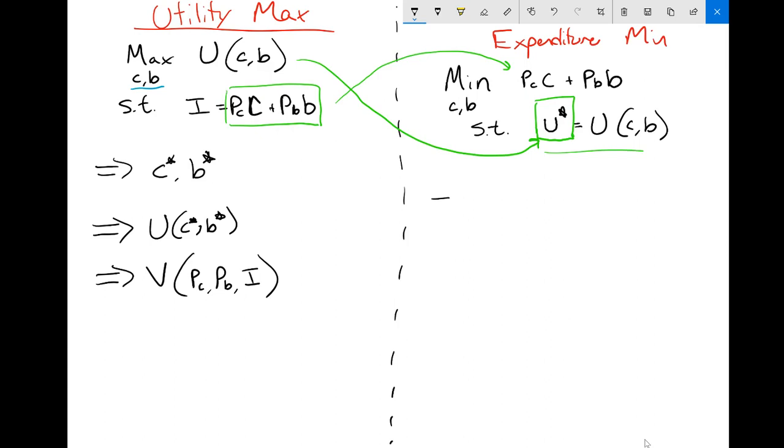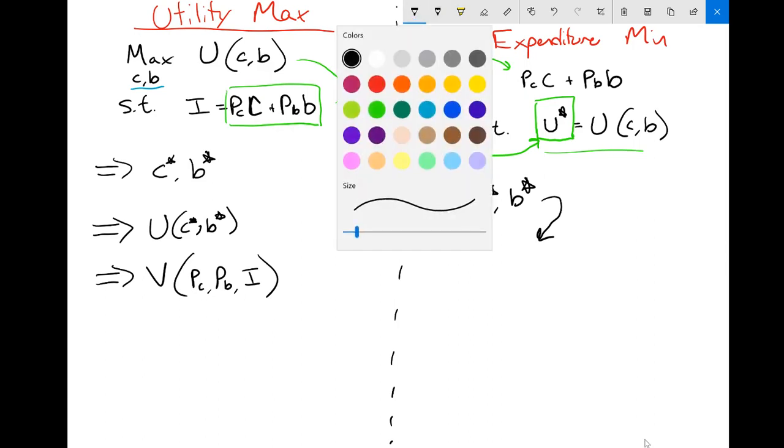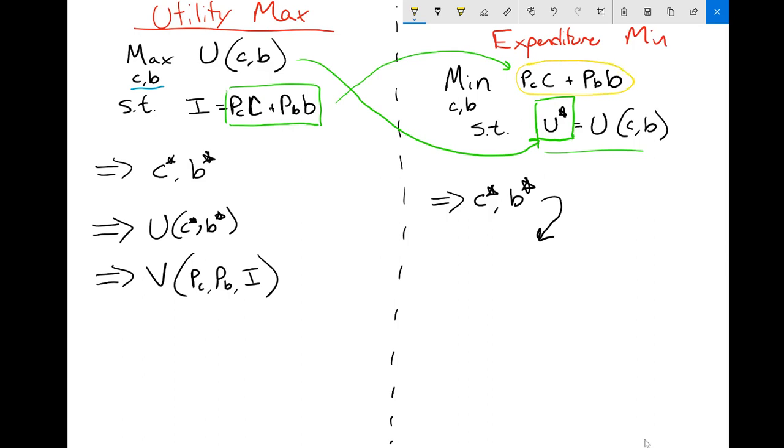So what's going to happen is we're going to do a minimization problem. We're going to find C star and B star. Then we will take those and plug them back into this expenditure function, which we might call the direct expenditure function if we wanted to.